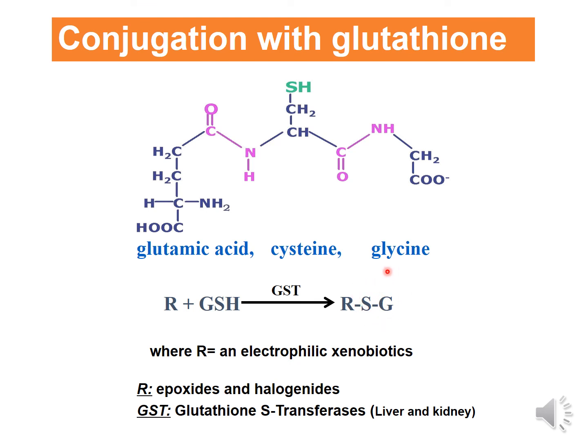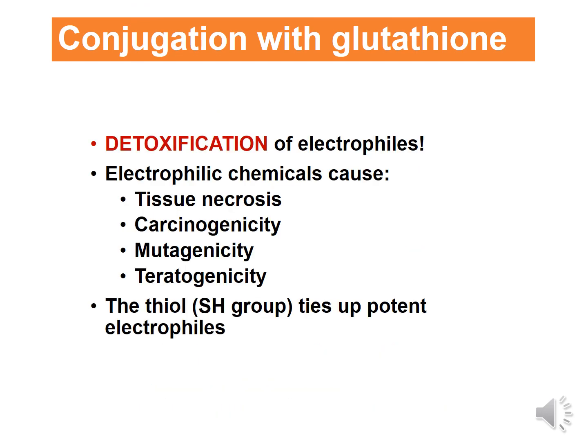Glutathione binds to foreign substances or xenobiotics and makes these xenobiotics more water-soluble. Conjugation with glutathione is extremely important for electrophilic xenobiotics. These electrophilic chemicals cause tissue necrosis, carcinogenesis, mutagenesis, or teratogenesis. The thiol group, or SH group, ties up potent electrophiles.